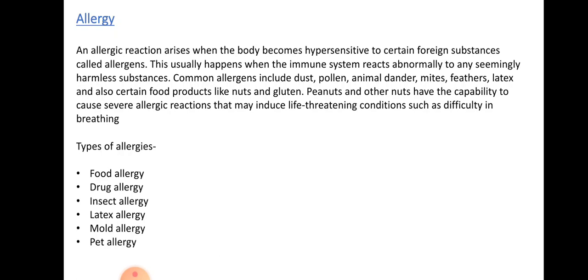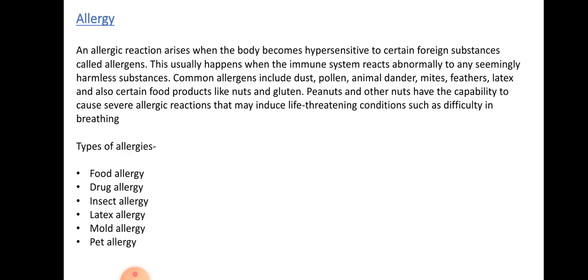Next is drug allergy. A drug allergy is an allergic reaction to certain types of medicines where symptoms can range from mild discomfort to life-threatening conditions. Next is insect allergy. An insect allergy is an abnormal reaction to insects.